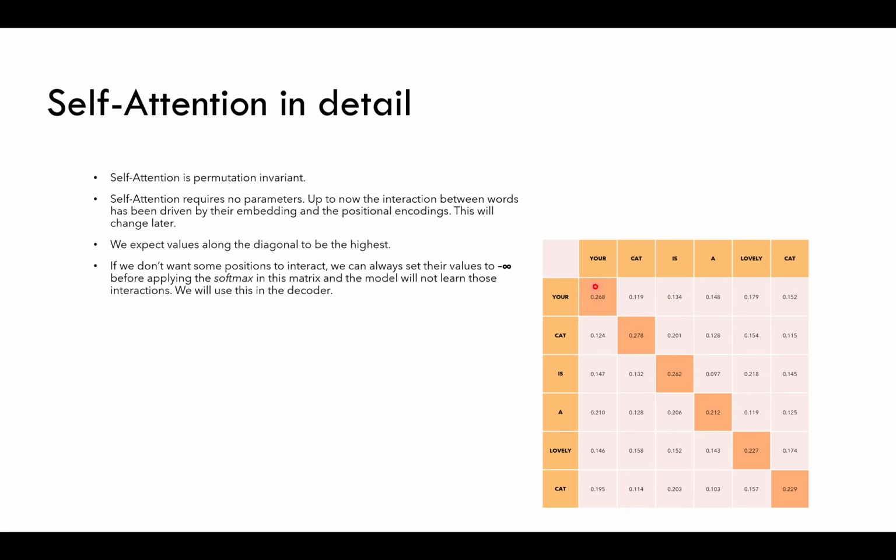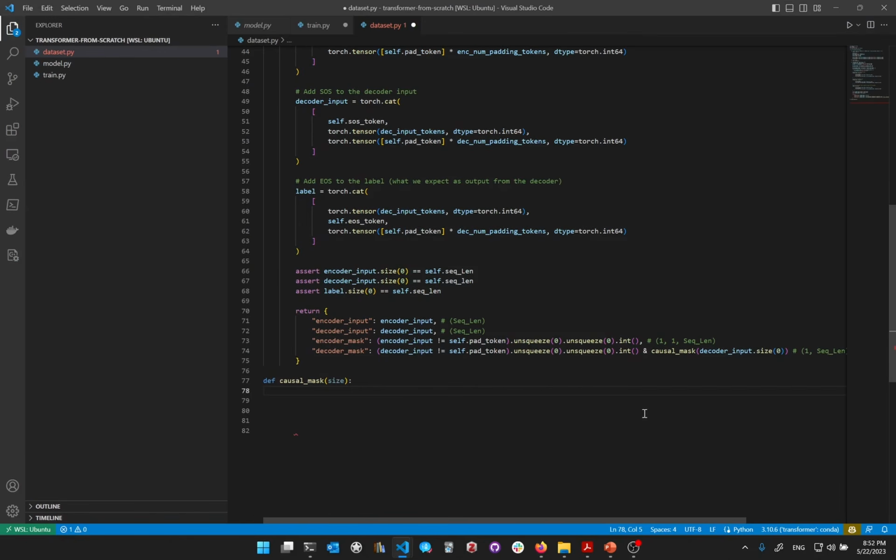It can only watch itself. But this word here, for example, the word "lovely", can watch everything that comes before it, from "Your" up to "lovely" itself, but not the word "cat" that comes after it. So we want all these values here to be masked out, which also means that we want all the values above this diagonal to be masked out, and there is a very practical method in PyTorch to do it. So let's go build this method.